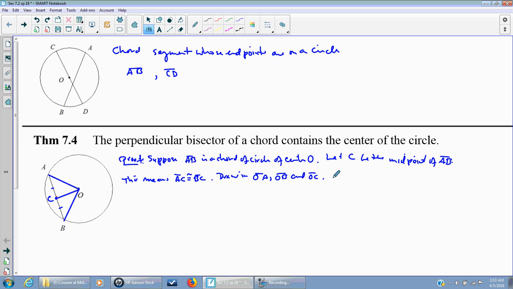Now, OA and OB are congruent to each other because they are radii of the circle. Let's put little marks there. This and this are the same. Of course, OC is congruent to itself. Okay, and that's the reflexive property.